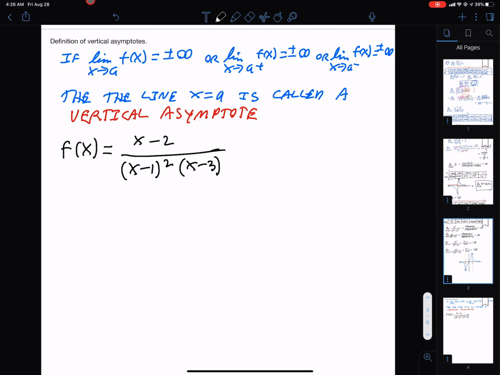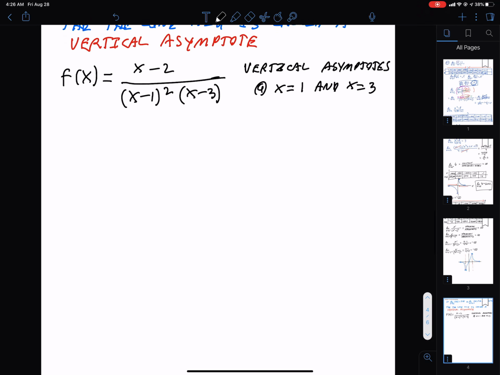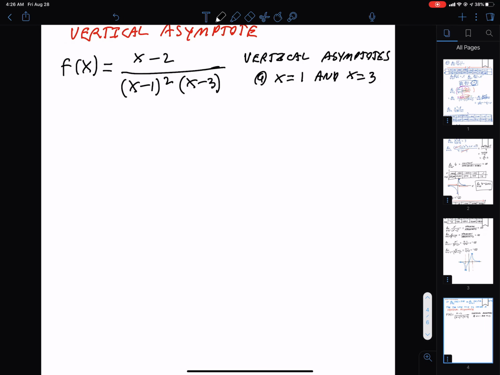So therefore, you know there are vertical asymptotes at x equals 1 and x equals 3. So we're going to evaluate what this graph's going to look like.